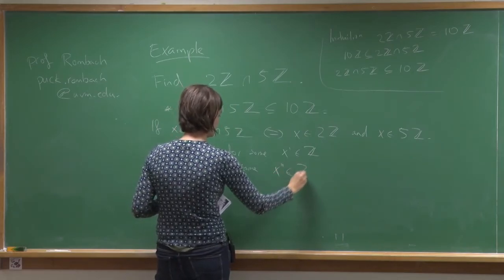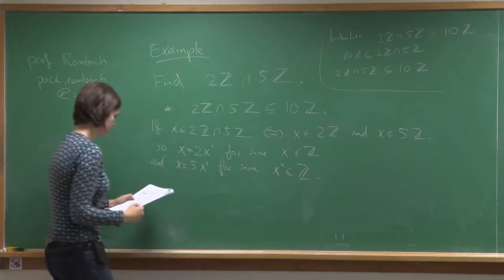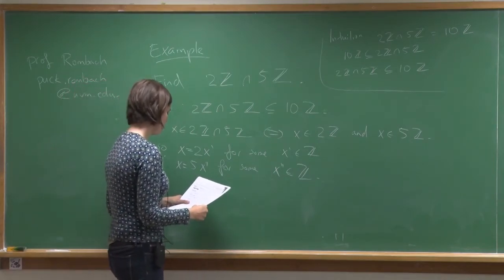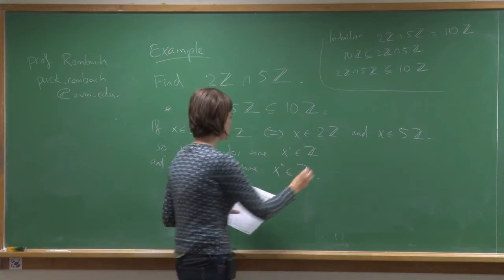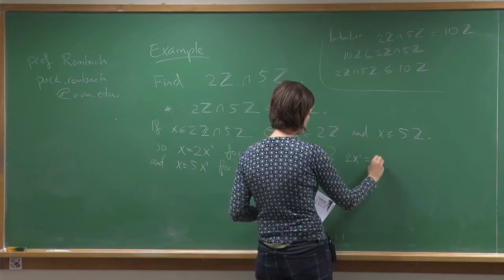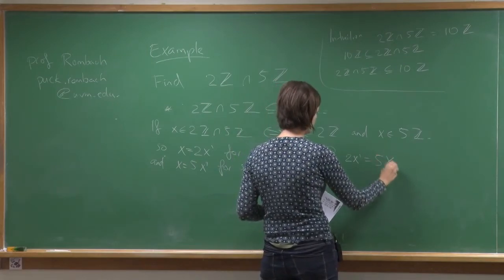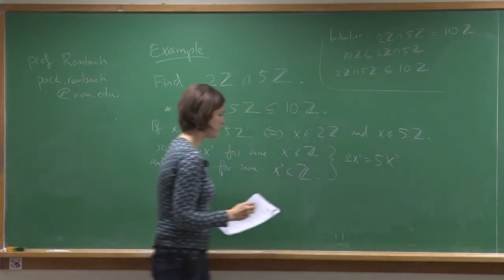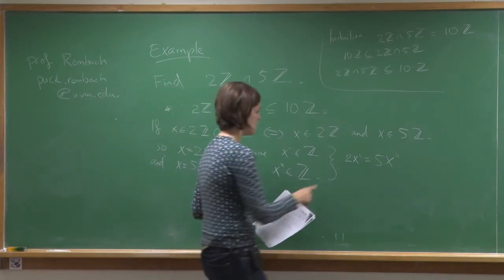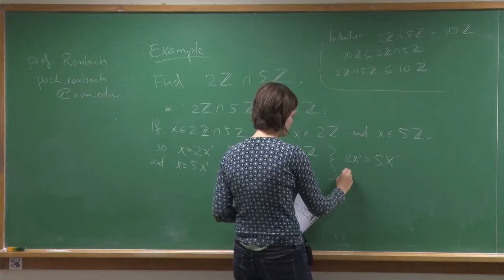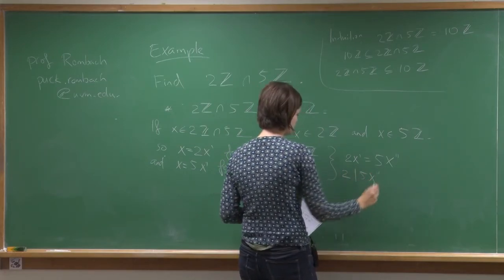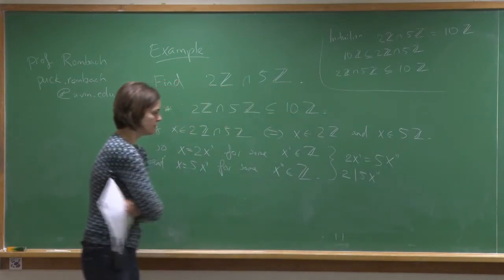Getting tired, double prime. And now, what does this mean? Put this together, we have that 2x prime is equal to 5x double prime. And we know that x prime is an integer, so this means that 2 divides 5 times x double prime. Right.